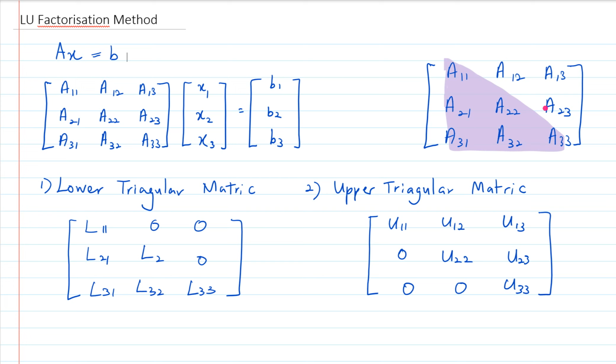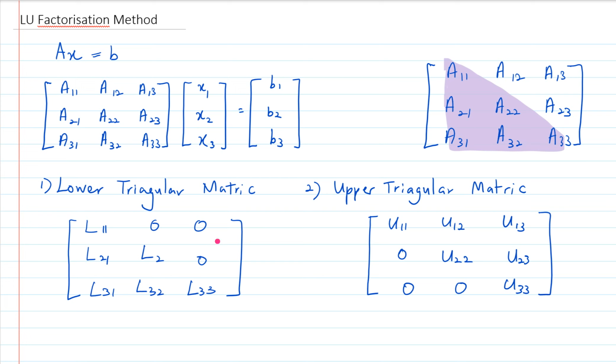We have the values A11, A21, A31, A22, A32, and A33. The coefficients in the lower triangle have specific values, but the rest become 0.